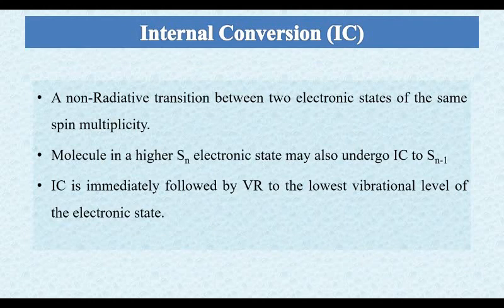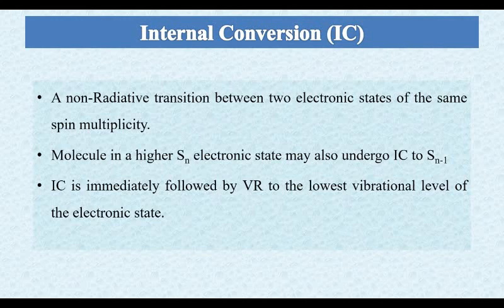Second is internal conversion. It is the most common transition which we all know. In simple words, we can call it de-excitation. It is also a non-radiative transition between two electronic states of the same spin multiplicity. We can say a molecule from the higher electronic state is converted into the lower electronic state.